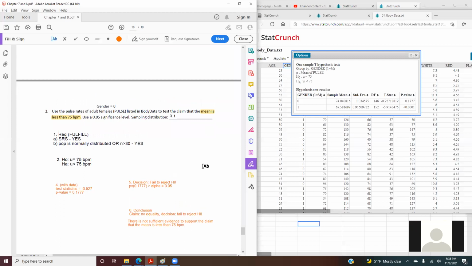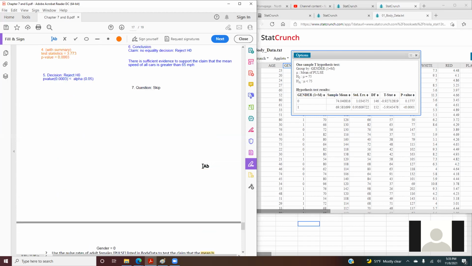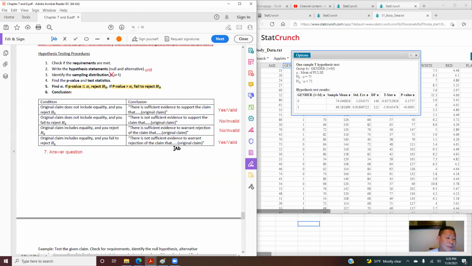I understand that. I'm just not getting the whole failure to reject and the rejecting in general, because this is kind of like a formula here. So it's fixed.